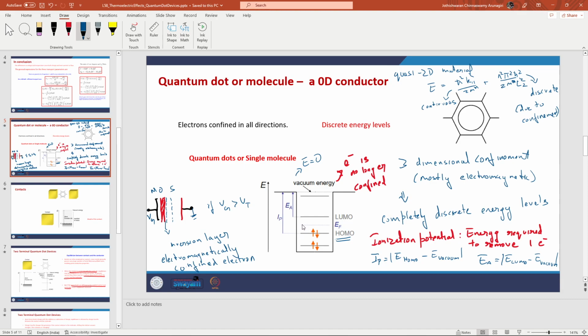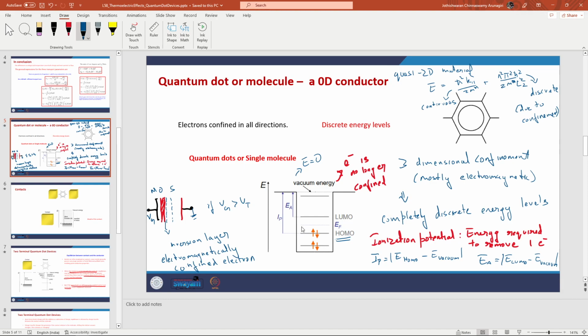It is also possible to define the Fermi level between the HOMO and the LUMO, but the Fermi level no longer has the same meaning as before, because the Fermi energy is a statistical quantity. It comes from Fermi-Dirac statistics, and statistics can only be applied to a very large collection of particles. 4 is not a very large number, 4 is rather a small number.